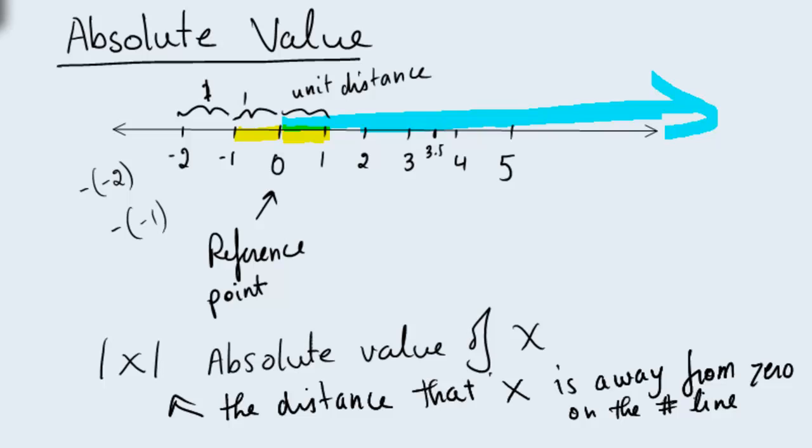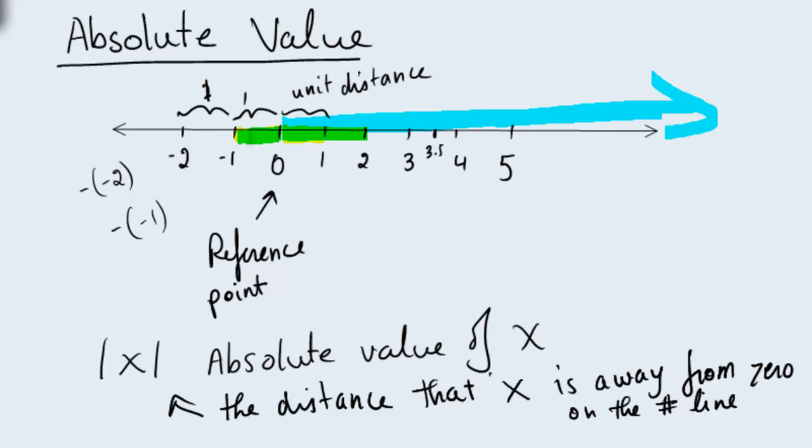Now, since I'm talking about the distance, the value of absolute value, this, is going to be always positive. Like we saw up here, if you notice, right here, the distance from 0 to 1 is 1 unit. The distance from 0 to 2 is 2 units. On the other hand, even if I measure distance to negative numbers, for example, distance from 0 to -1 is 1 unit.